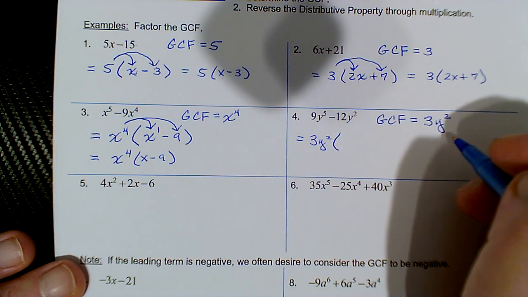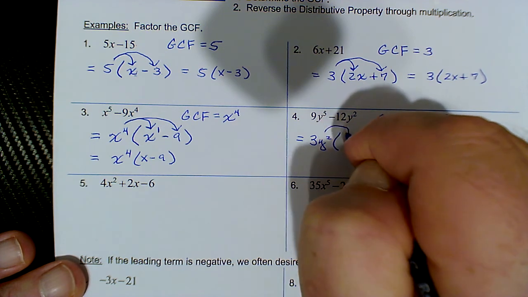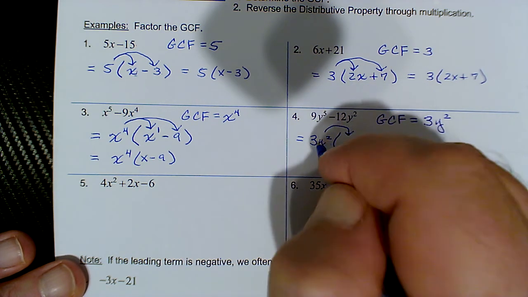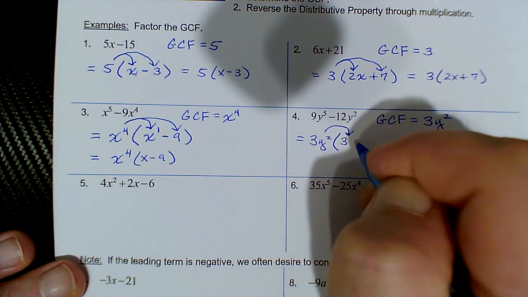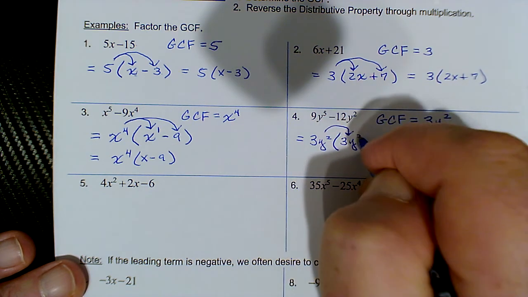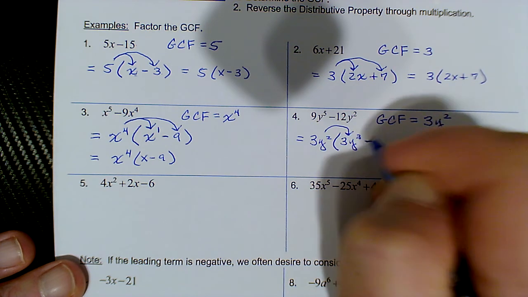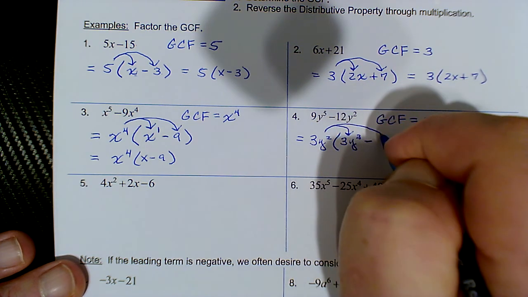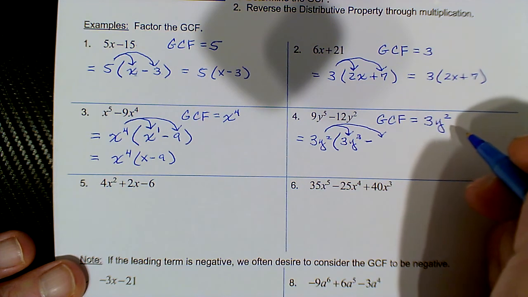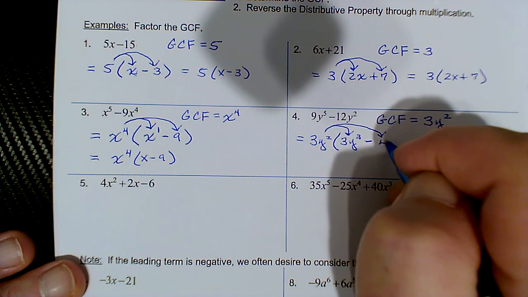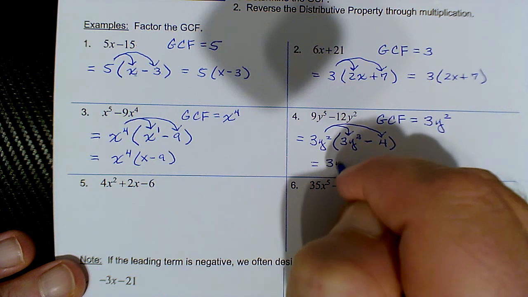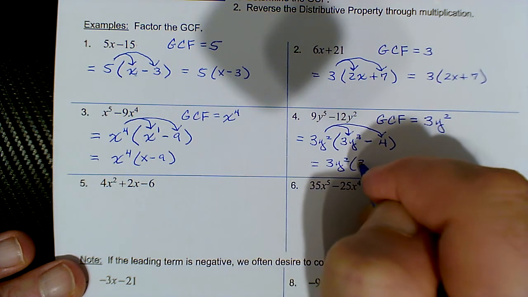So again, we ask 3y squared times what gives 9y to the fifth. Well, to get a 9, I need a 3. It looks like I need 3 more factors of y. And then we have minus, and 3y squared times what gives us 12y squared, and all we're going to need is a 4, because the y squared is already there. So here's the answer rewritten.